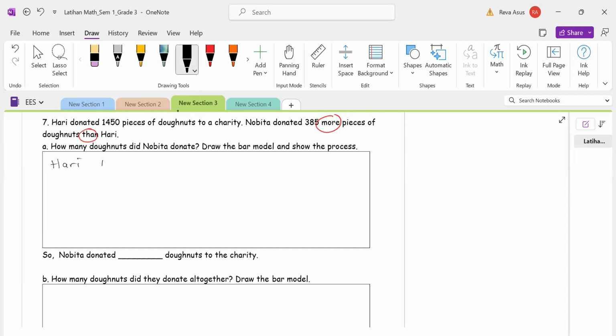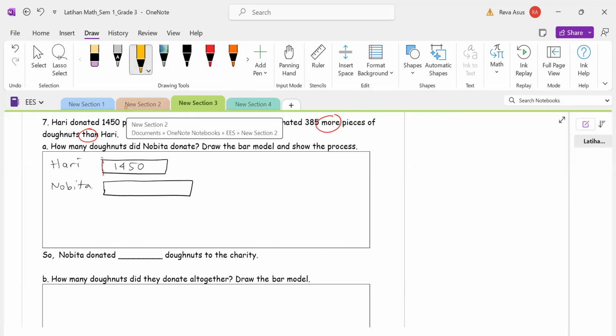Let's draw the bar model here. It is 1,450. Next, we have Nobita, who donated more than Harry. So we need to draw a bar bigger than Harry's. We need to draw it longer than Harry's. Look, from the first start. If we start from here, we need to draw Nobita's also starting from here.